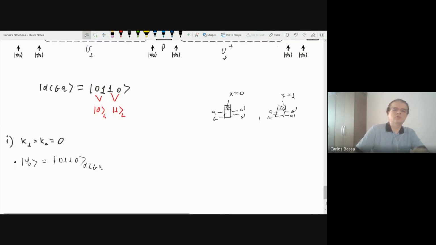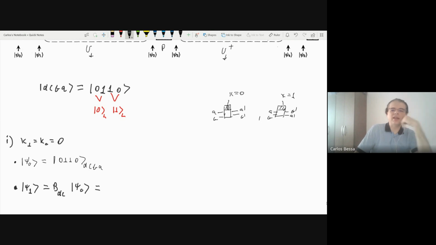So, okay. So psi 1, B applied in DC, psi 0. Remember that the B splitter acts like a 50-50 B splitter.